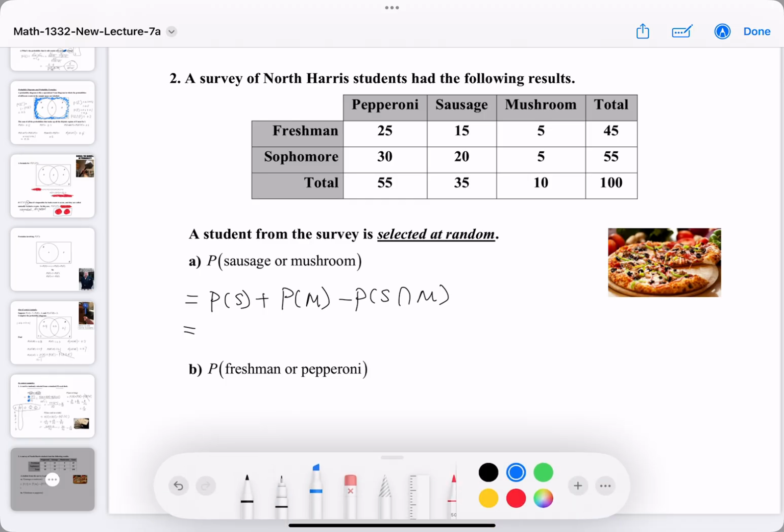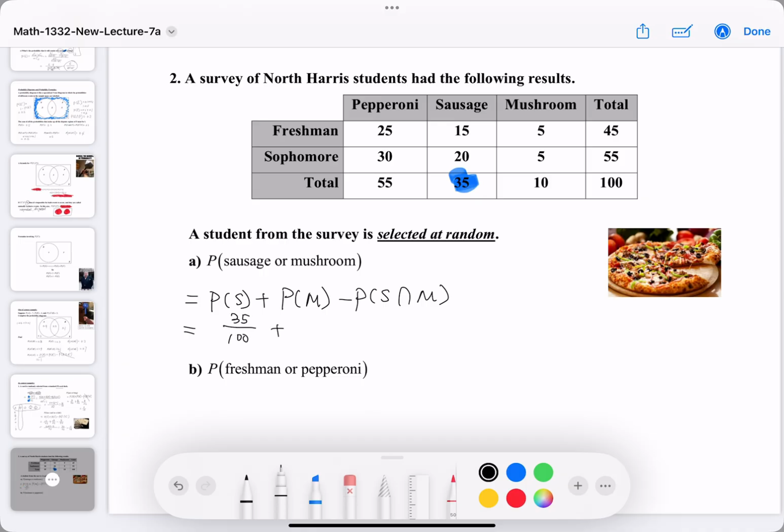Probability of a student selecting sausage is 35. The P equals N of E, or N of sausage, divided by n of sample space 100. So we're going to have 35 over 100.